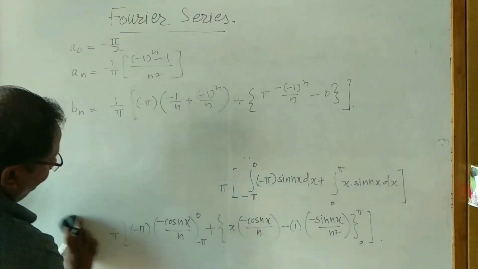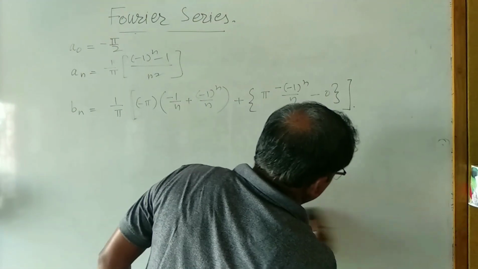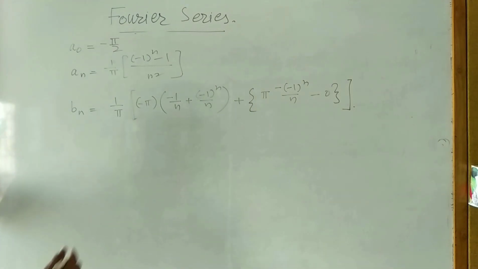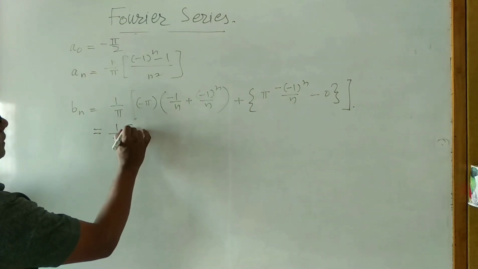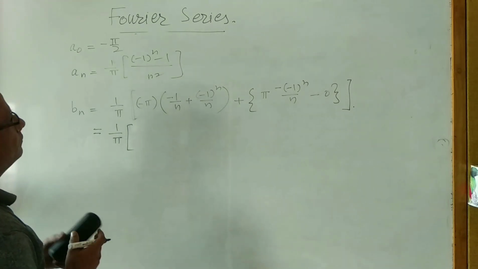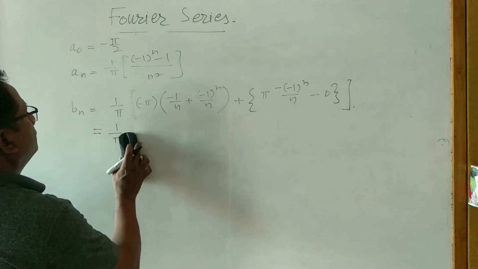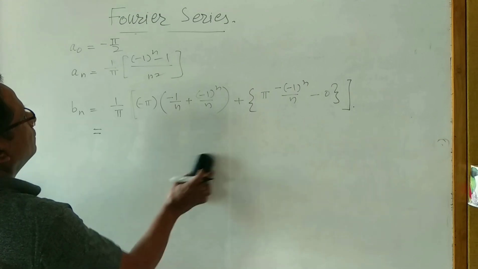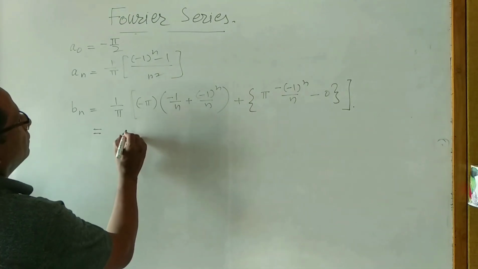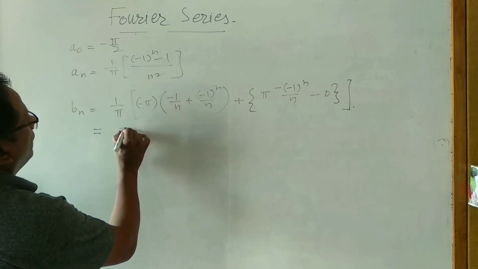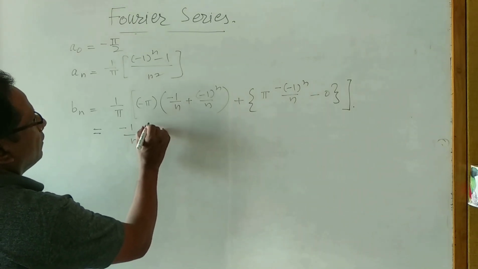Simplify. After simplification, what I will find is 1 upon pi, here pi and this pi I can cancel, so minus 1 upon n.